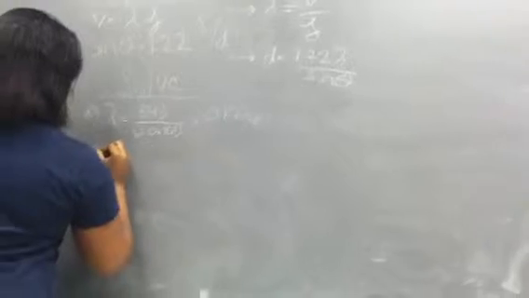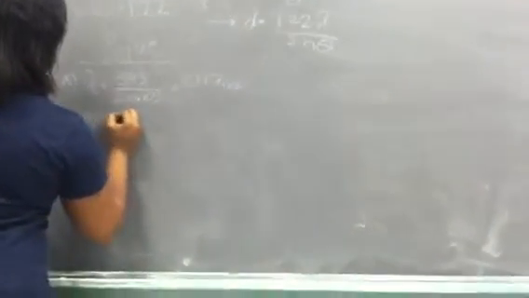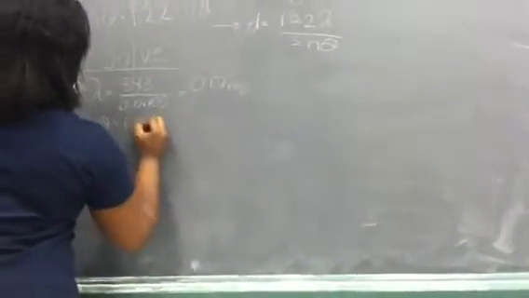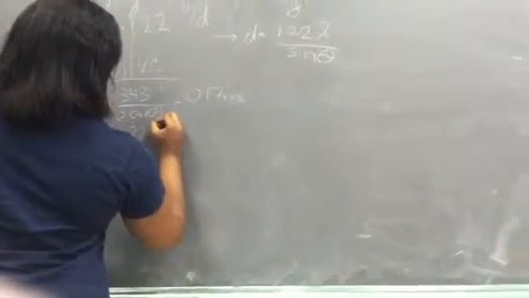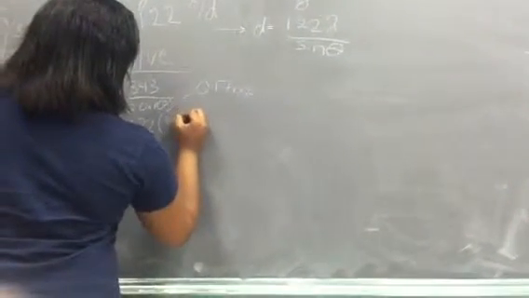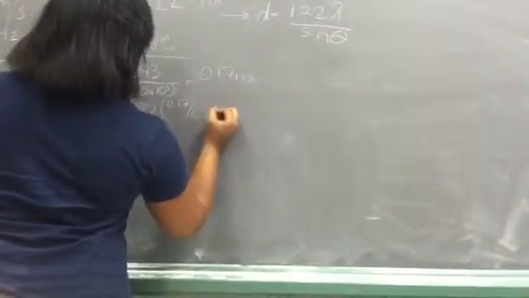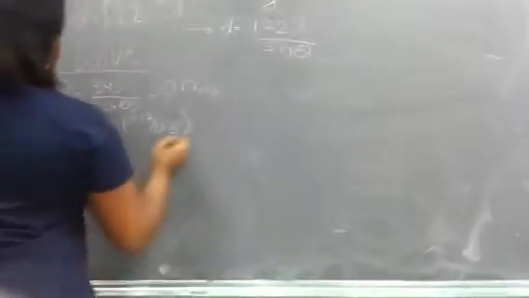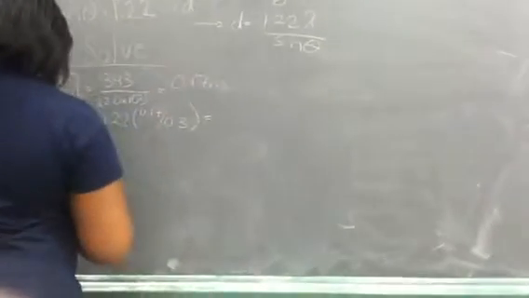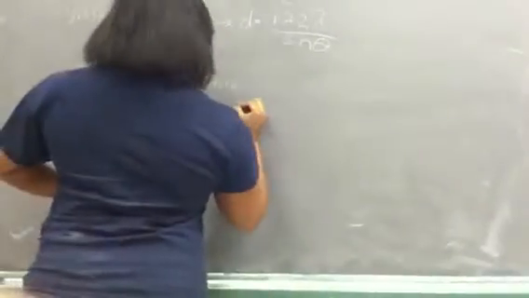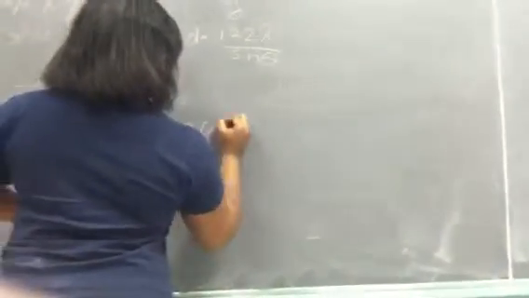Then we can plug that into our sine of theta equation to find theta. So sine of theta is equal to 1.22 times 0.17 meters over 0.3 meters. And that gives us the number 0.697.